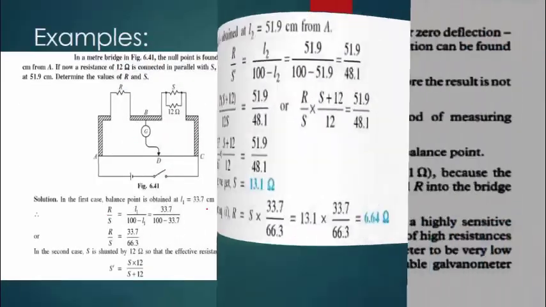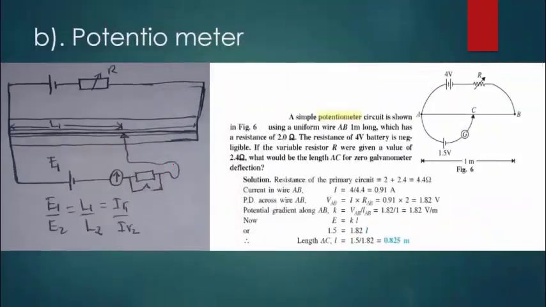Lakini kwenye potentiometer hatuwezi kufanya vyote kwa pamoja. Tutaweka resistor moja kwanza, tutatoa, tutaweka ya pili. Kwa hiyo ni kama mshamba, yani ni meter bridge mshamba, yani primitive, very primitive. Sawa? Hauwezi kufanya vyote kwa pamoja. Lazima unafanya kimoja kimoja.